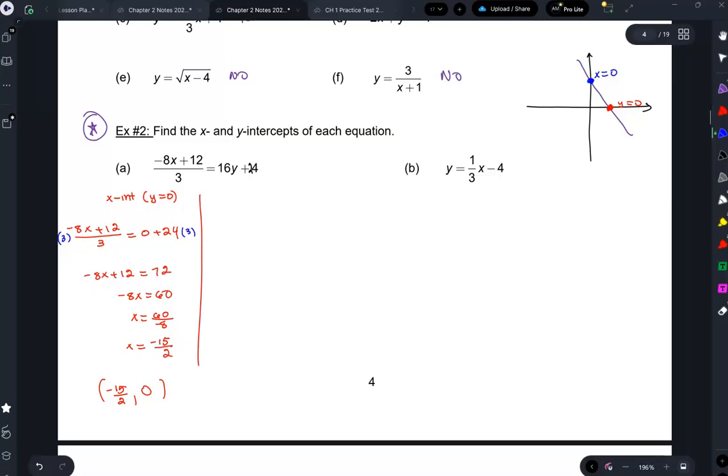Okay. For the y-intercept, we're going to make x 0. So let's do that. So it's going to be 0 plus 12 over 3, 16y plus 24. Okay, on your mark, let's go. We'll race.